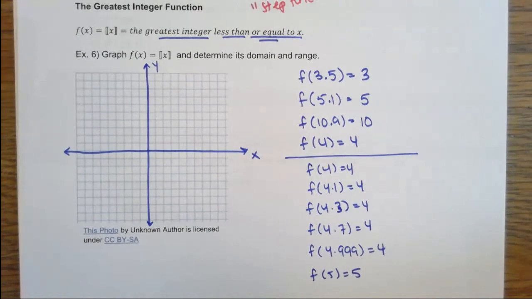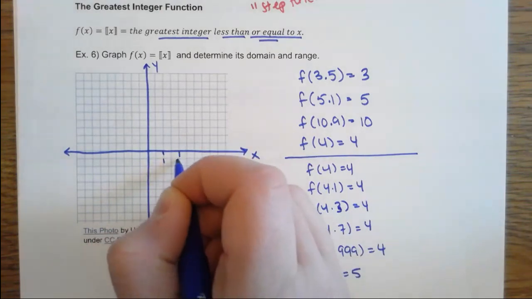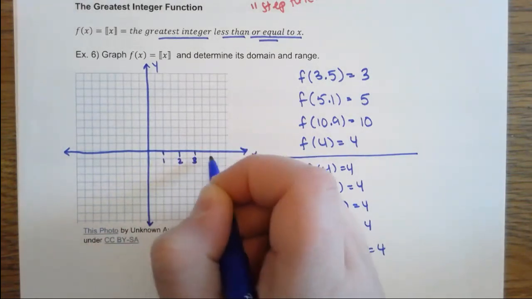So what happens is you see this really interesting graph, and it looks like this. Let me show you. Let this be 1. I'm going to count by halves here.